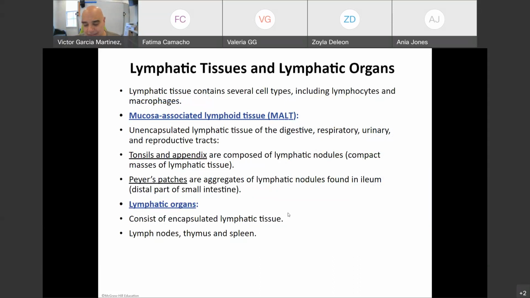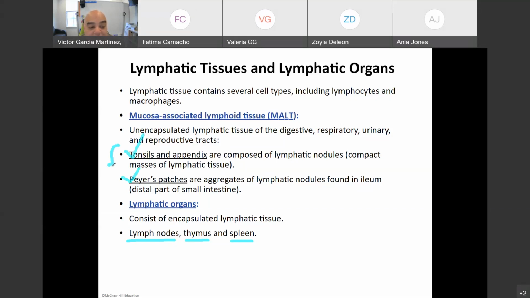Regarding the organs, guys, you remember I told you that in the lymphatic system, we have organs and we have some tissues associated with the lymphatic system. Among the organs, we have lymph nodes, the thymus, and the spleen. And as associated tissue, called mucosa-associated lymphoid tissue or MALT, we have tonsils, appendix, and Peyer's patches.